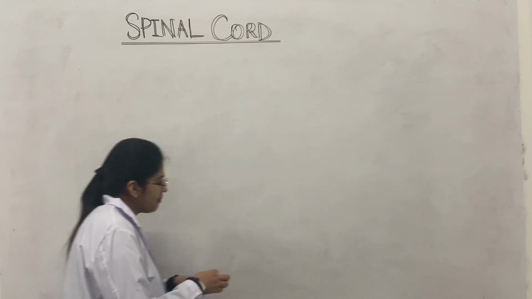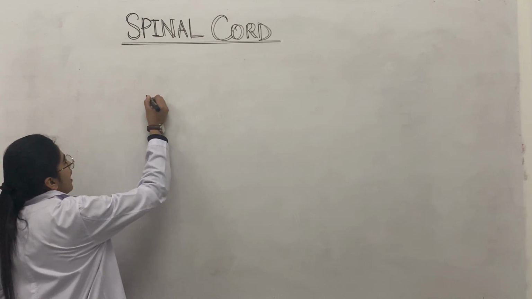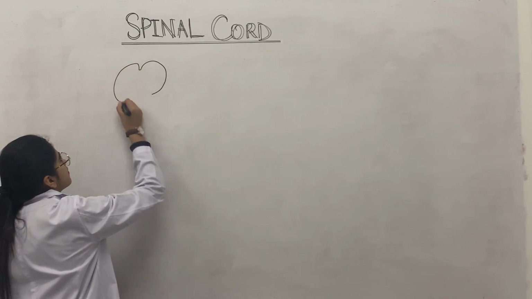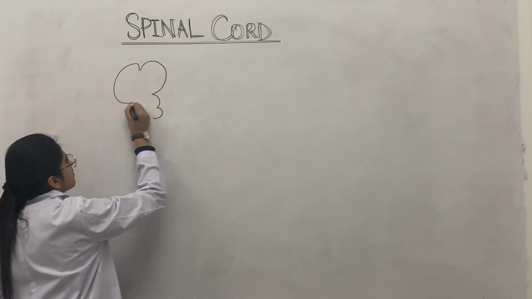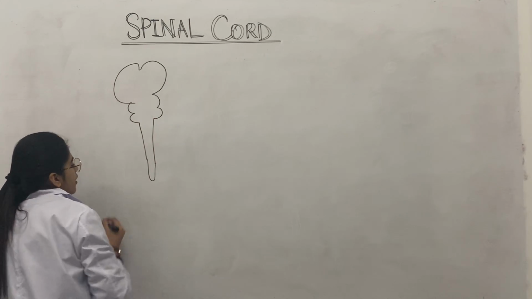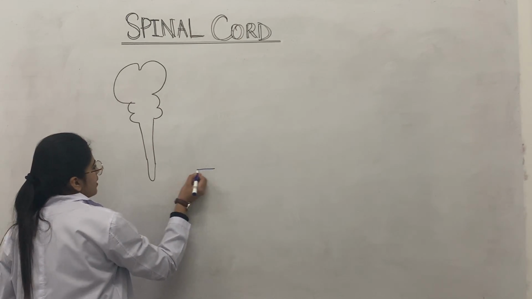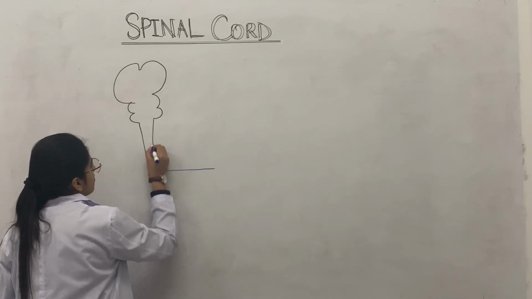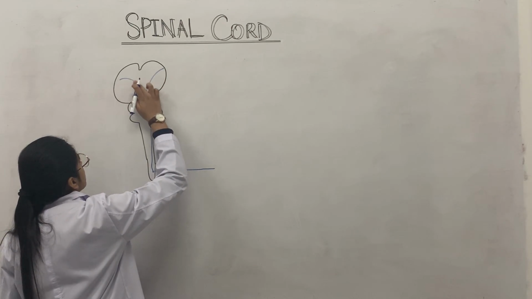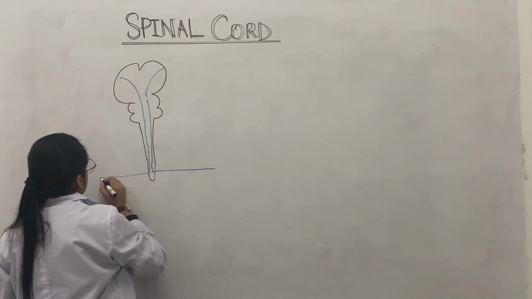Okay, let me describe a little bit of that. For example, here you have the spinal cord, isn't it? Now you will see that from here you get the signal, and from here the signal goes on, and from here the signal goes down.